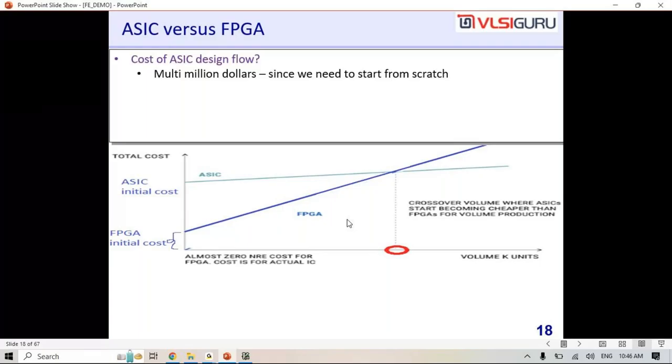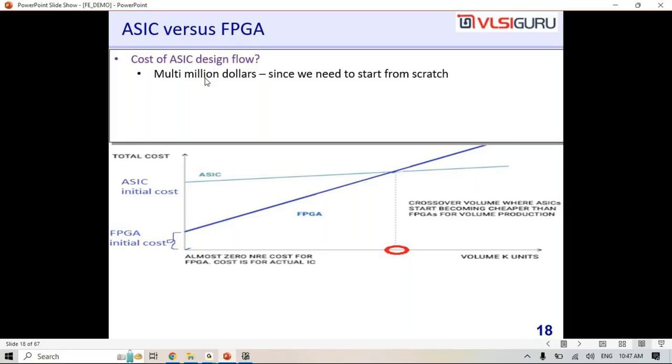Anyway, coming back to this: the problem with the ASIC design flow is that the initial investment runs into multiple million dollars. So what is $1 million at the current exchange rate? 8.7 crores. If I am talking about $10 million, which might be a typical cost for one entire cycle, it is 87 crores.